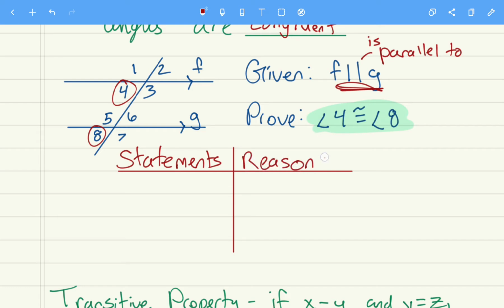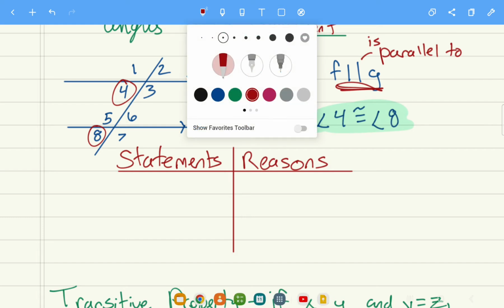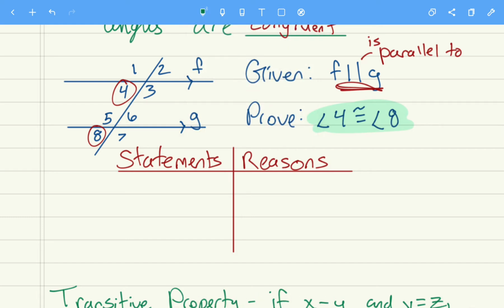So all our proofs will be formatted like this. Now the first column, we're going to be writing what we see. So the first statements are always going to be what is given to you. In this case, we know F is parallel to G. And the reason for that is that it is given. And that's that.